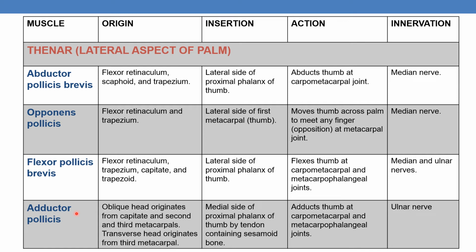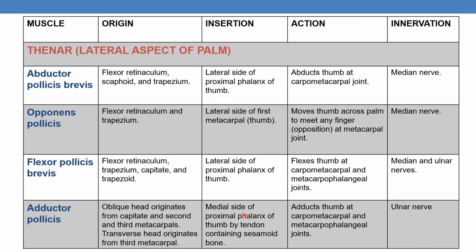The next is adductor pollicis. Pollicis, all these are the muscles of thumb as the name indicates. So we need to focus on the root word for better understanding. Adductor means moves towards the midline. Coming to the origin of adductor pollicis, the oblique head originates from the capitate and second and third metacarpals, whereas the transverse head originates from third metacarpal.